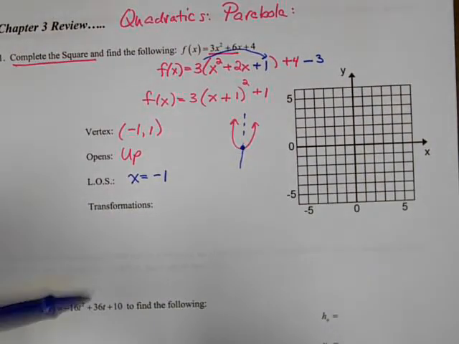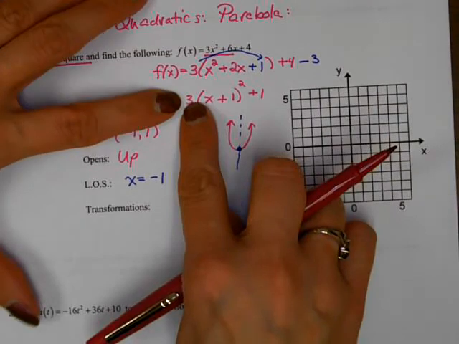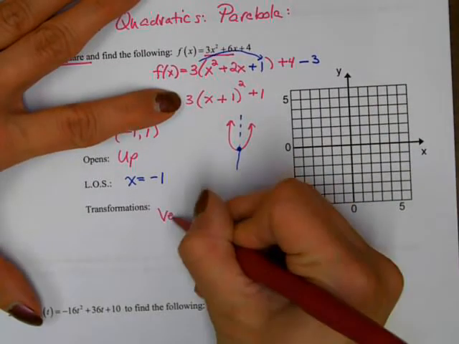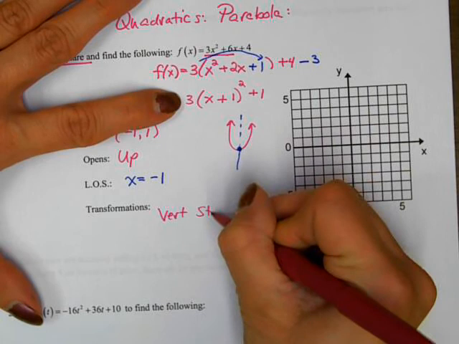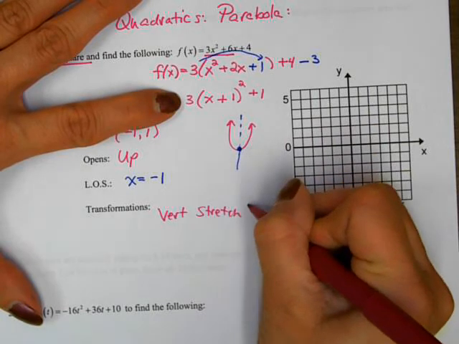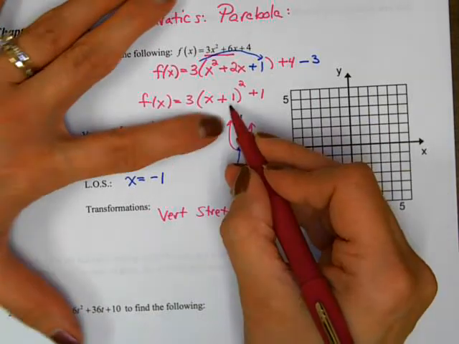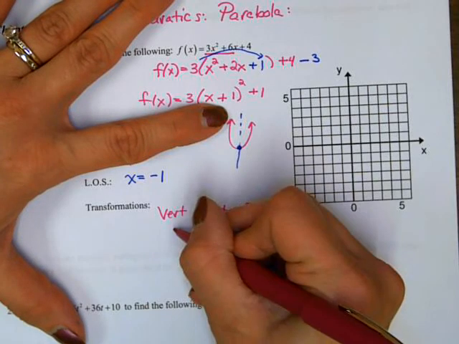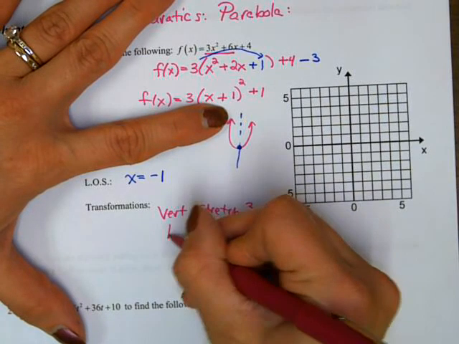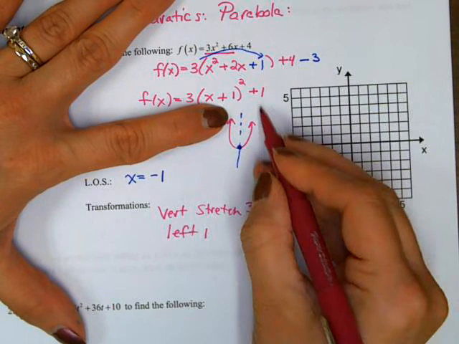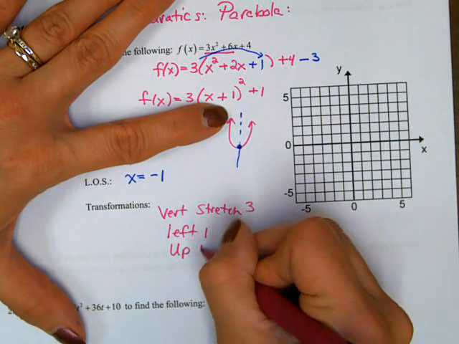How about the transformations? That 3 means vertical stretch by 3, and it would need to get shifted 1 unit to the left, and then it would have to get shifted up 1.